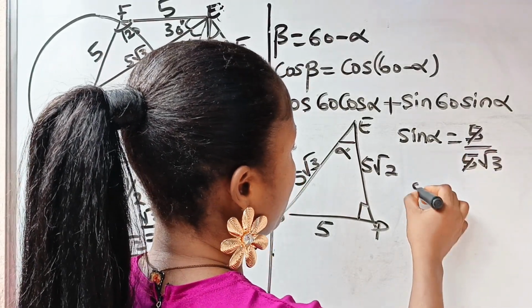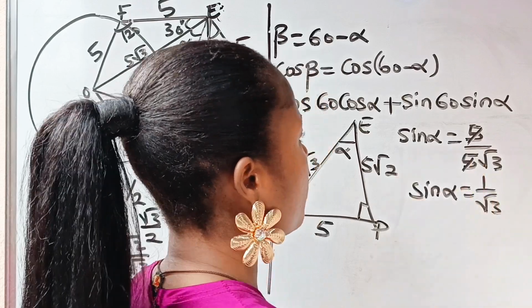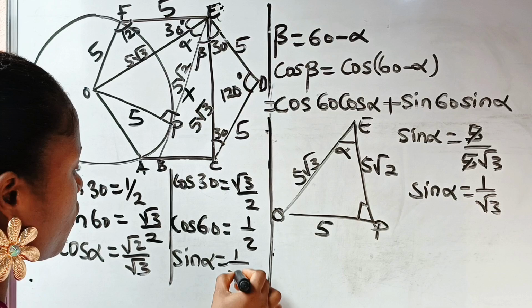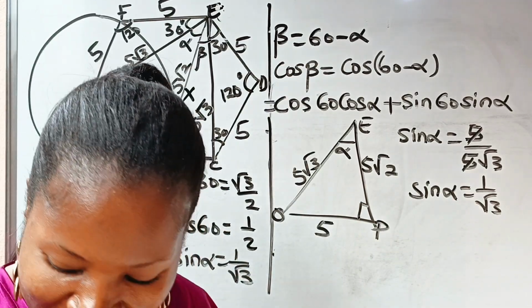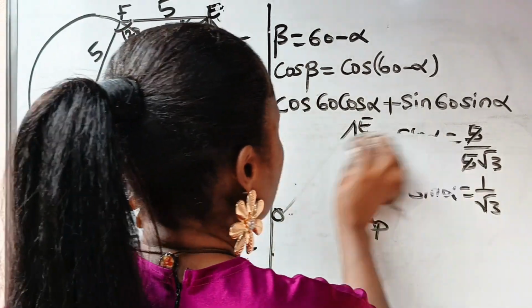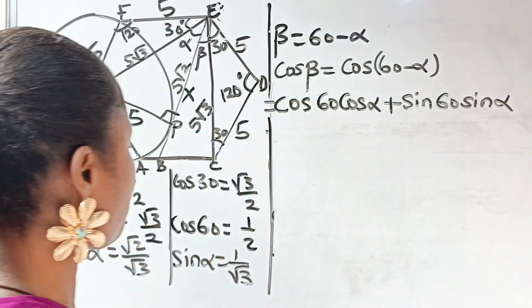So we divide this, we have that sine alpha is equal to 1 over root 3. Okay, so we'll write it here. Sine alpha is 1 over root 3. Now we are done. I keep saying that and you feel I'm joking, right? No, I'm not. So let us go ahead and solve what we have on the board.